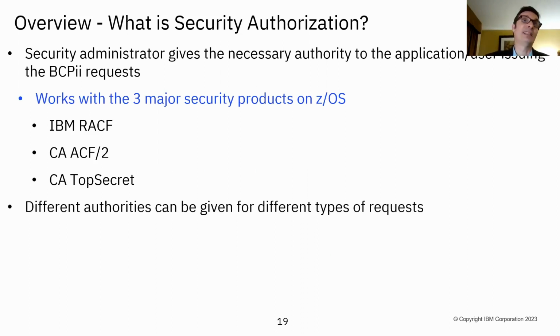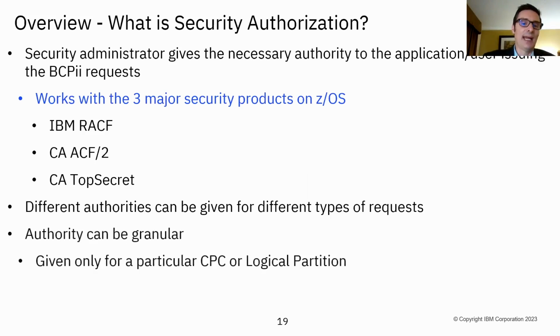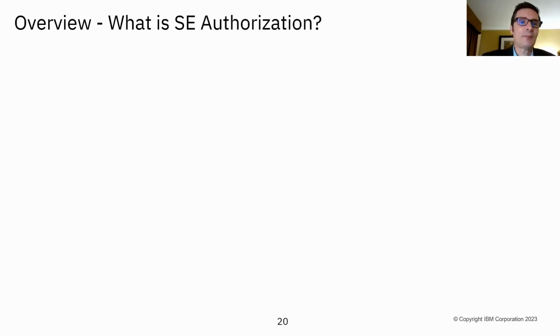So this allows me, for example, to view the hardware configuration, but not update the hardware configuration for a particular LPAR. And on my own little test LPAR, maybe I'm given write authority, or even authority to do very powerful commands such as re-IPL or change major settings. So again, it can be given for a particular CPC, LPAR, etc.